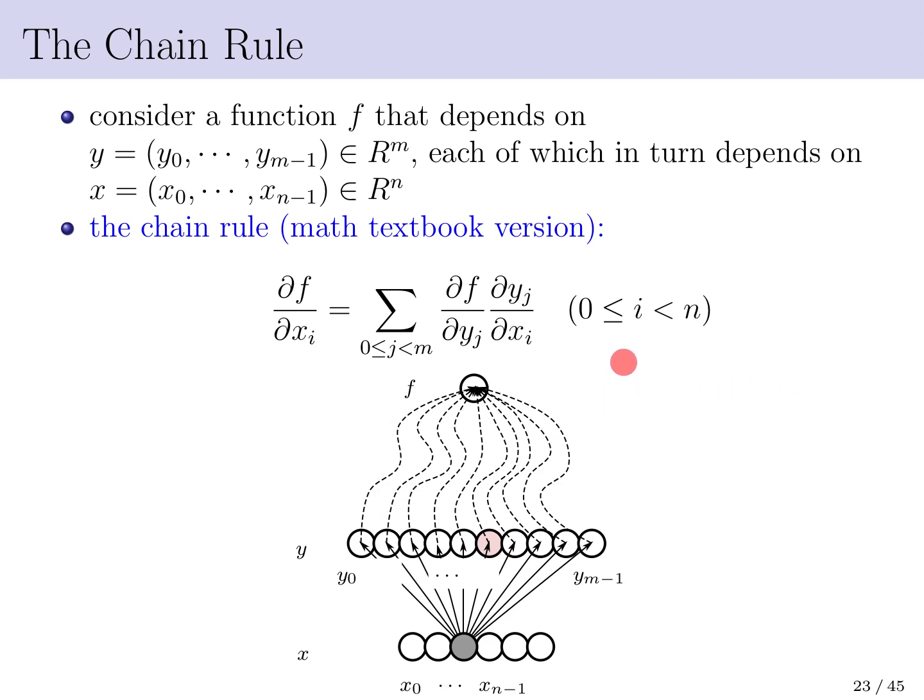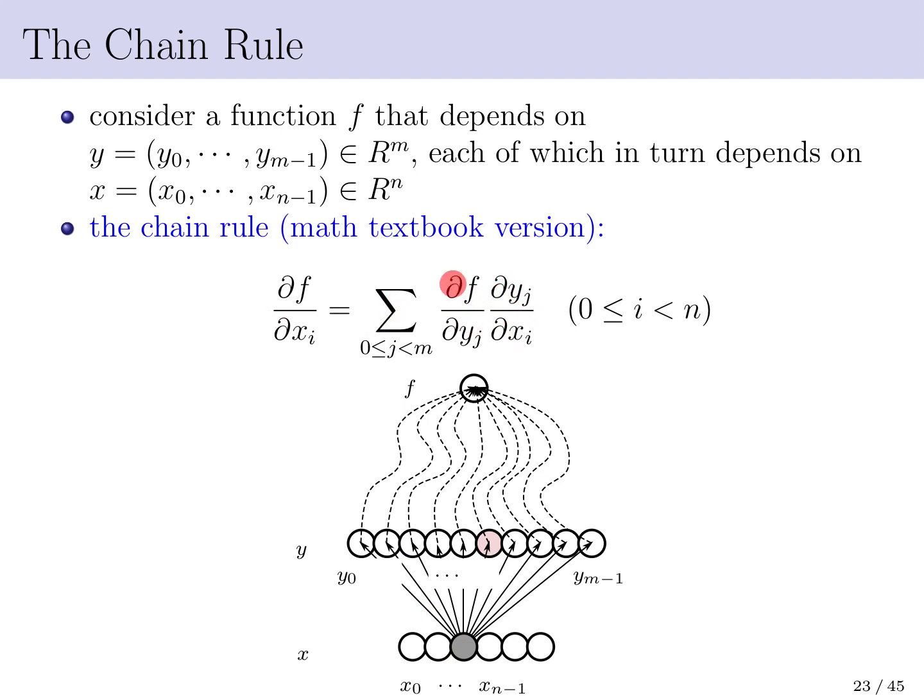But anyway, let's get back to the pure mathematics. Virtually all mathematical textbooks tell this chain rule. The chain rule says that the gradient of f with respect to a variable xi here can be computed by the sum of these terms.